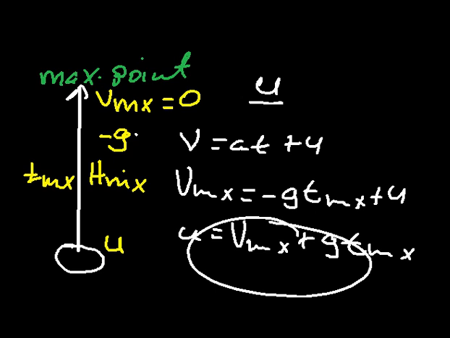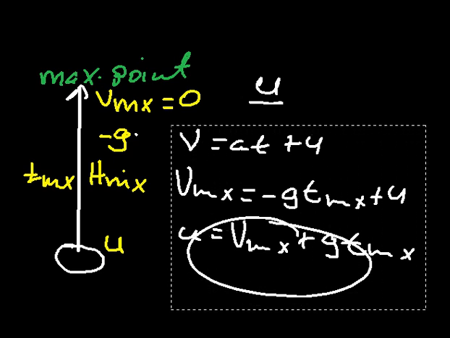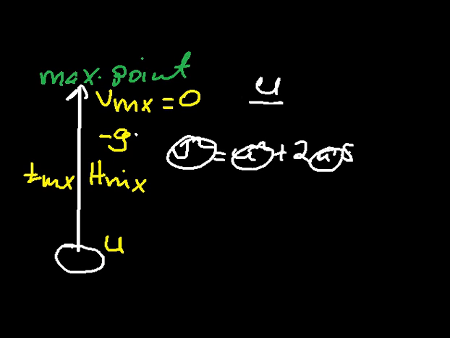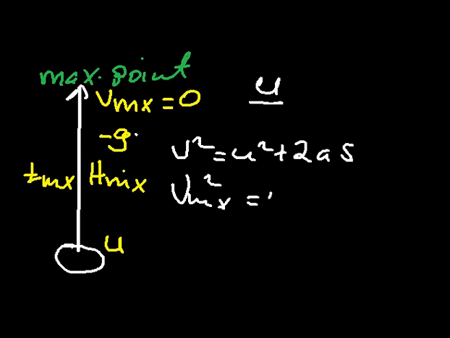And apart from that, you can also use this formula to find the initial velocity: v square equals u square plus 2as, where v is the final velocity, a is the acceleration, and s is the displacement. So in that case, v max square is equal to the initial velocity square minus 2gh.